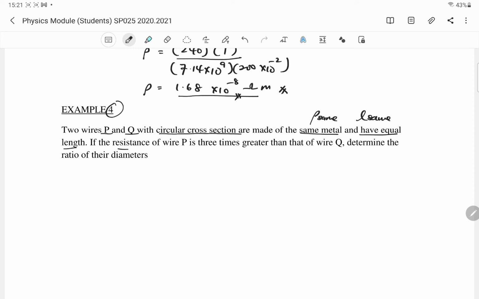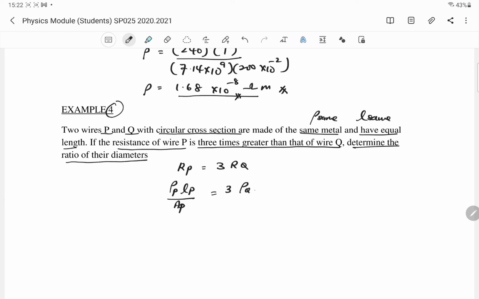If the resistance of wire P is 3 times greater than wire Q, so RP is equal to 3 RQ, determine the ratio of their diameters. So rho P L P over AP is equal to 3 rho Q L Q over AQ.